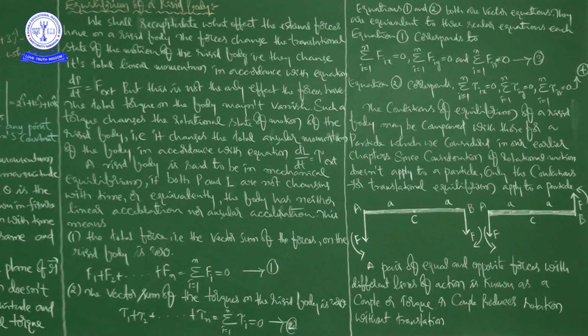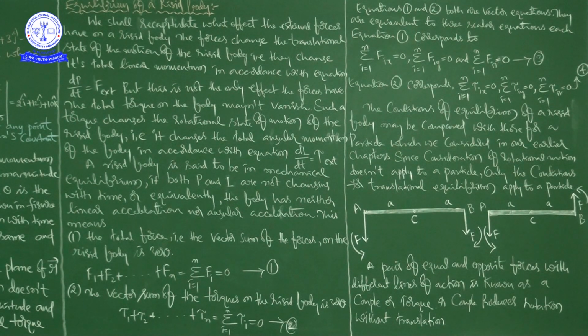Next, see here, the conditions of equilibrium of a rigid body may be compared with those for a particle, which we considered in our earlier chapters, in our previous chapters before this. One more very important thing is that the consideration of rotational motion does not apply to a particle.